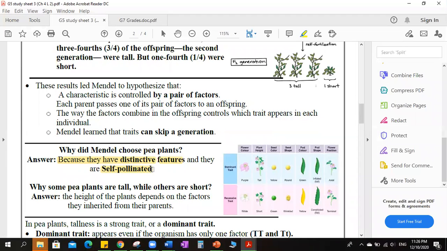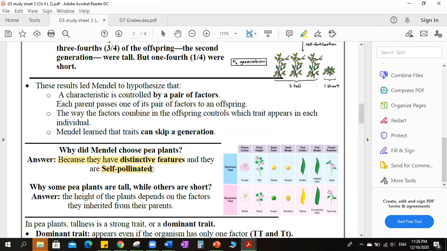So he made sure that the pea plants are the ones to do the experiment on because they were self-pollinated, which means the pollen that carries the male sex cells will move to fertilize the egg in the same flower. So there are no differences in the genes.